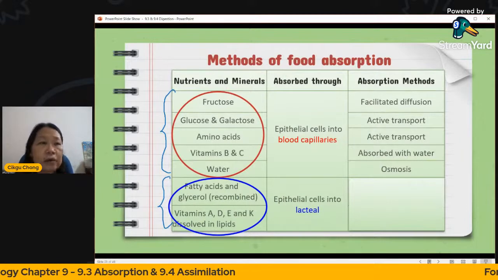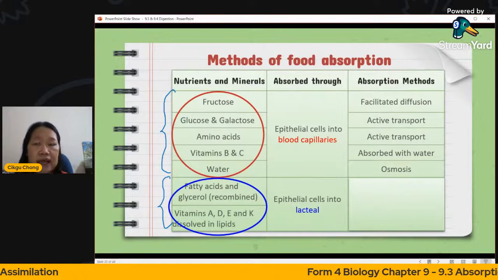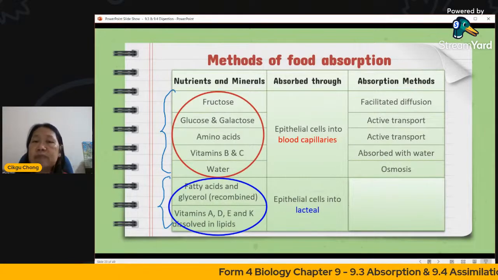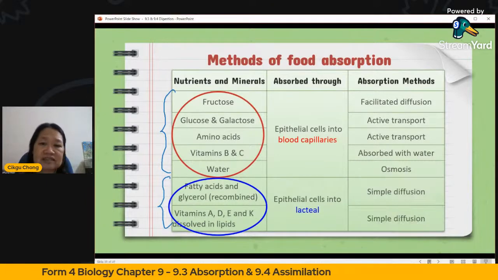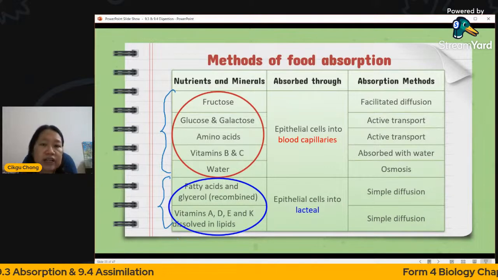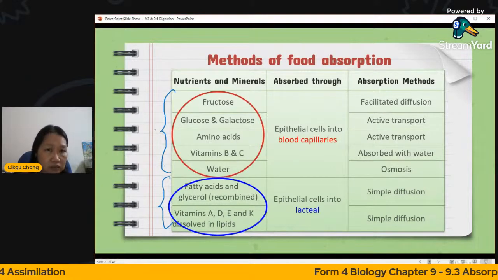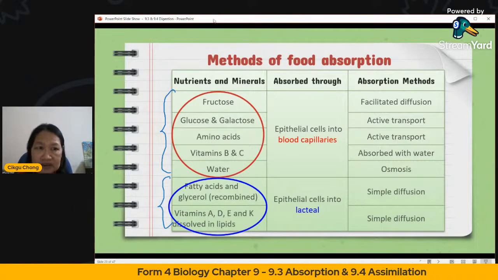All these substances, no matter whether they are big or small, as long as they are lipid soluble, enter through the phospholipid bilayer by simple diffusion. So here you can break it down and you'll find it easier to remember: water soluble nutrients and also fat soluble nutrients.